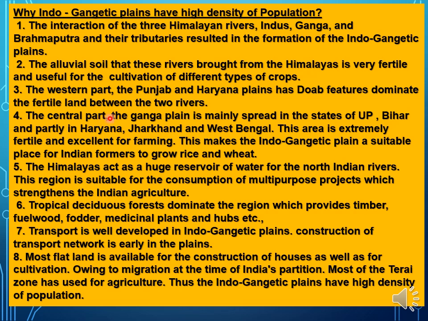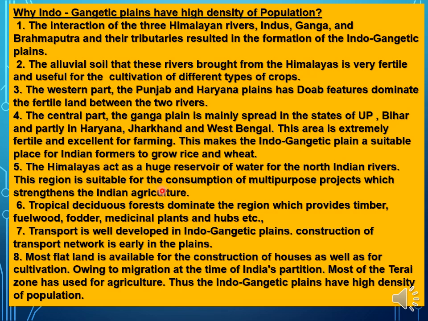Another feature is the doab feature. That means fertile land between two rivers. In between two rivers there is fertile land, which attracts people to settle there. Another important reason is that water availability is very high, multi-purpose projects are there, and it is a plain area.